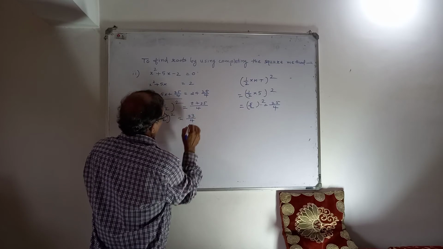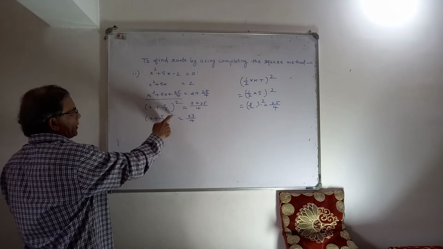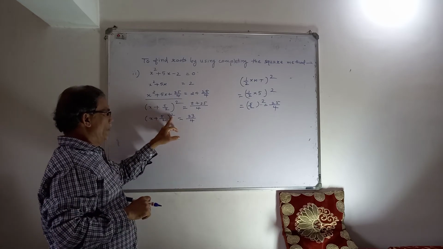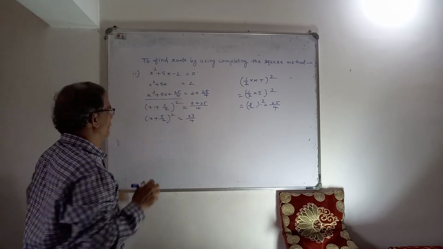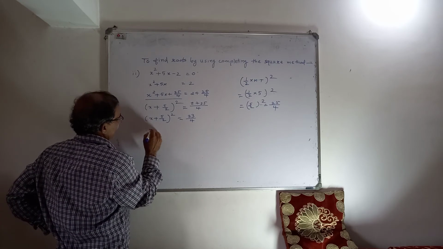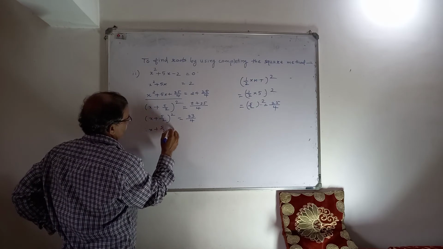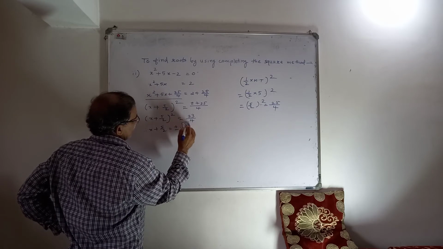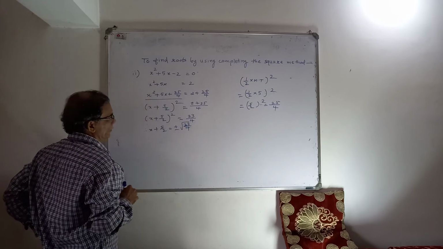33 upon 4. Now, it is in the form of (a plus b) whole square is equal to 33 upon 4. Now, remove the square, apply square root. Therefore, x plus 5 by 2 is equal to plus or minus root of 33 upon 4.